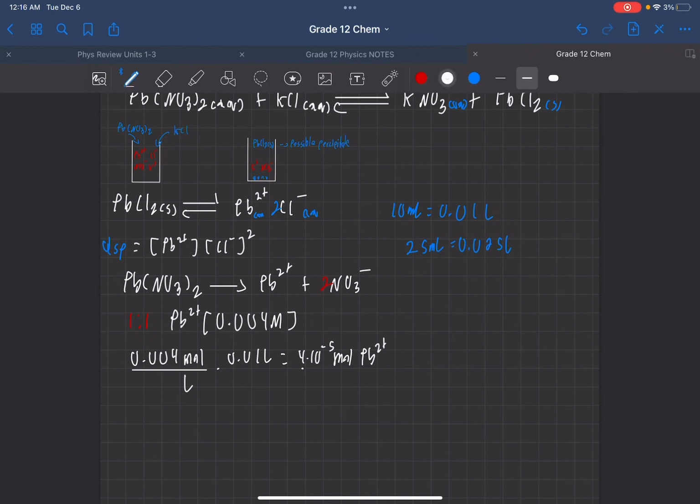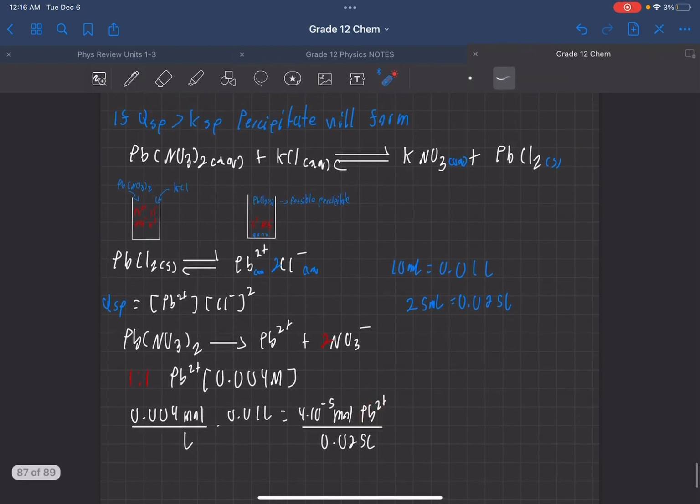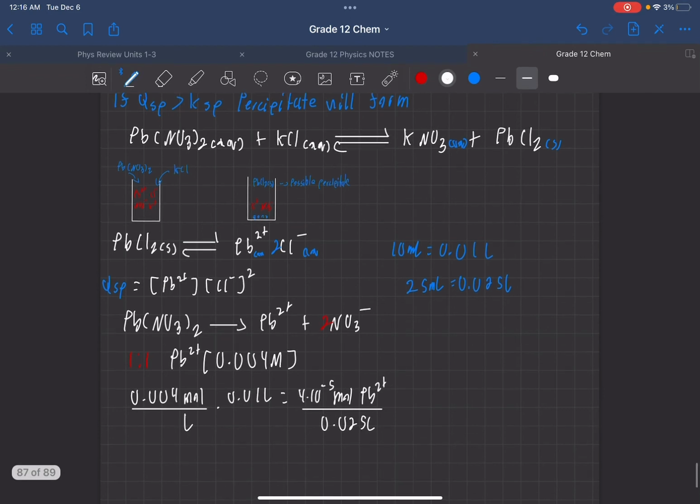So we know that we have 4 times 10 to the negative 5 mole of Pb2+ per 0.025 liters. So this is how much Pb we have in solution, and in molarity, right? So 4 times 10 to the negative 5 over 0.025, and we end up with 1.6 times 10 to the negative 3 molar.